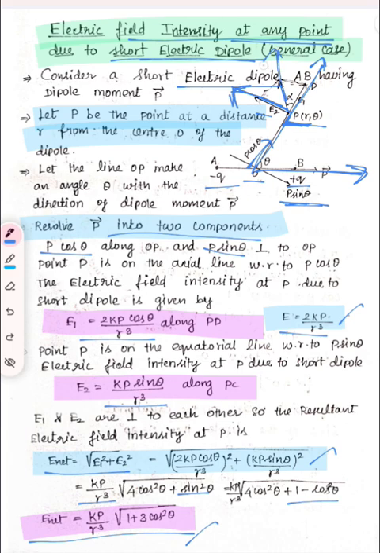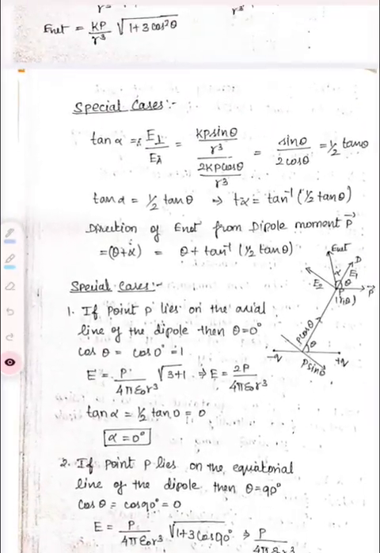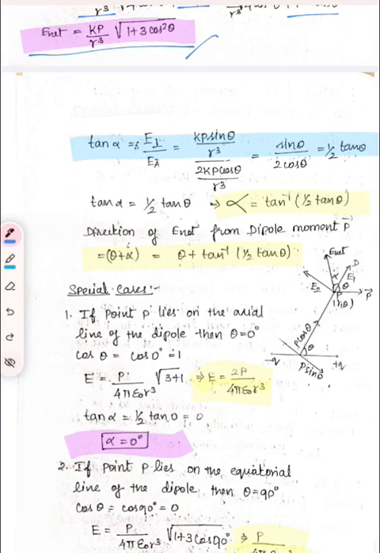And this resultant electric field is making angle alpha. How do we find that angle alpha? We find the angle of the resultant electric field as tan alpha. Tan alpha is nothing but opposite side by adjacent side. Opposite side is the electric field along the equatorial line divided by the electric field along the axial line.